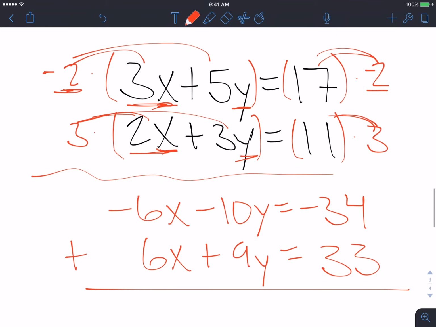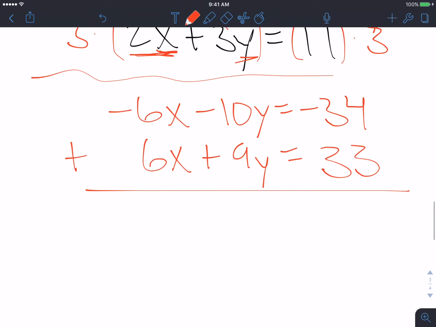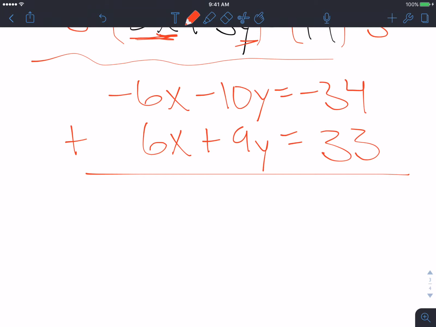Okay, so again, that's a tricky concept. So you may want to go back and see what I did, okay? But I only focused on these numbers here, on the x's. And as you can see, now they're going to cancel. Negative 6 plus 6 is 0.